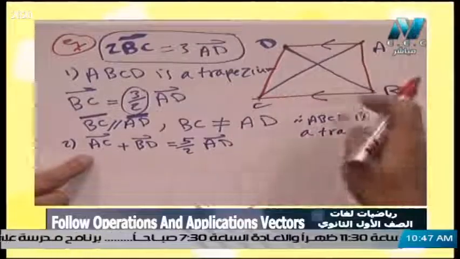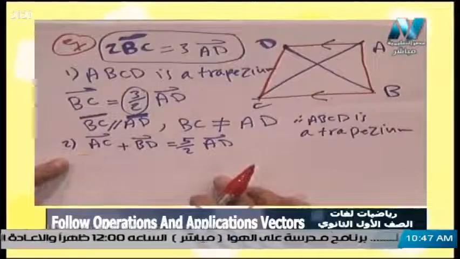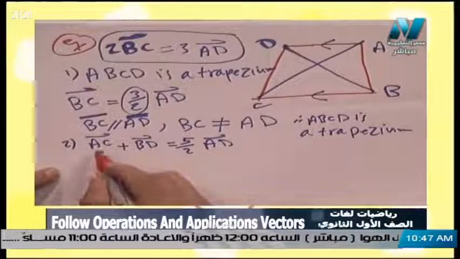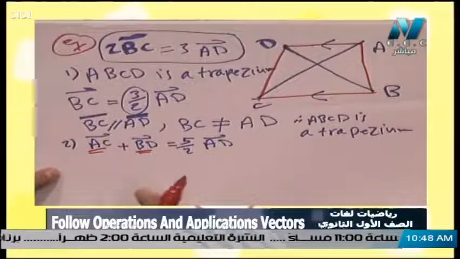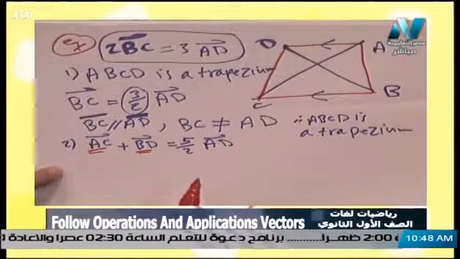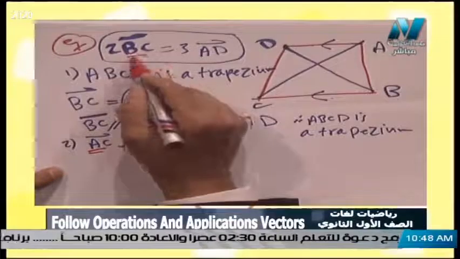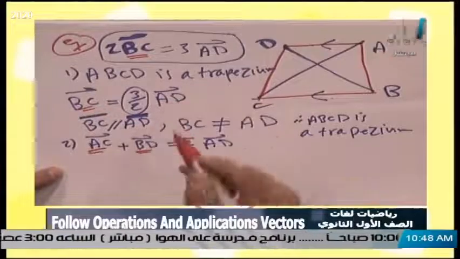We have AC also and BD. We will try to change AC and BD by vectors that give something related with AD. And don't forget that BC here equals 3 over 2 AD.